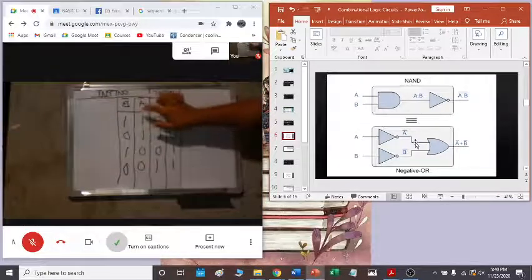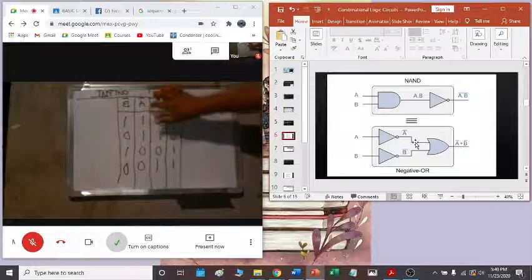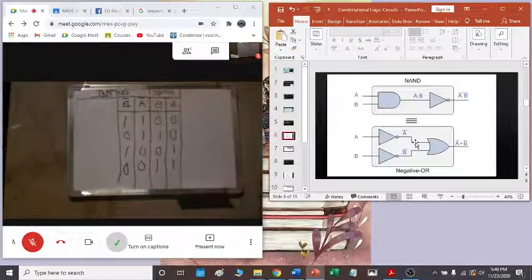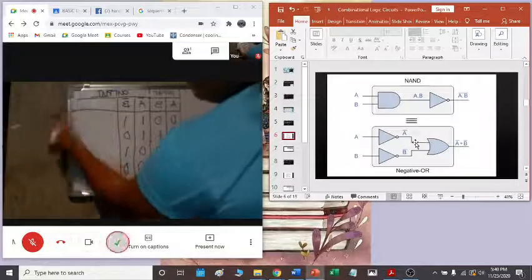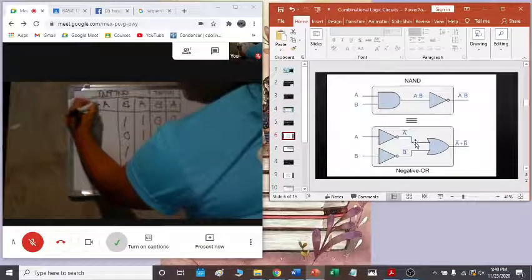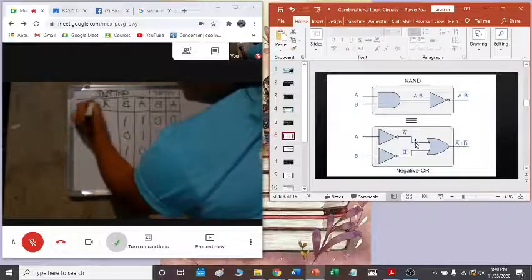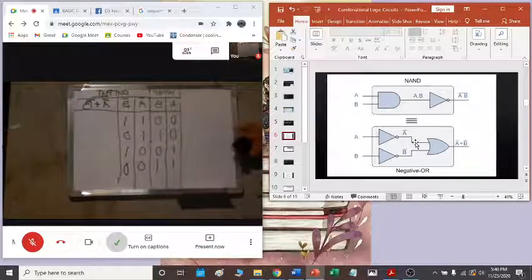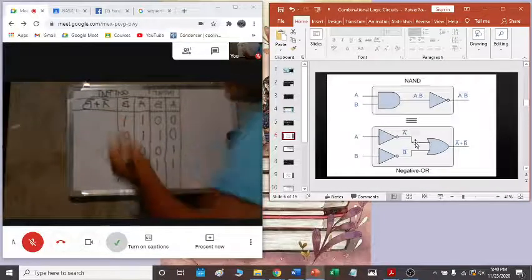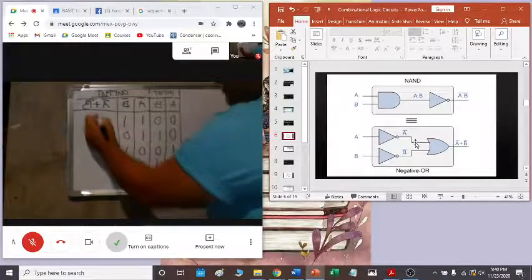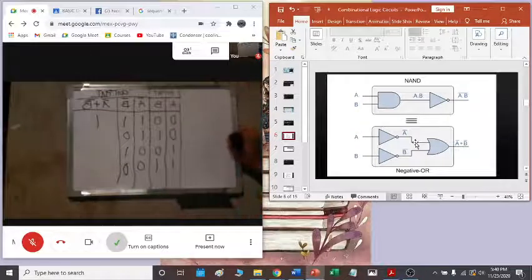So these are the inputs to our OR gate. The Boolean expression is A bar plus B bar. So 1 plus 1 in the OR gate is 1, since if any of the inputs is 1, the output is 1.